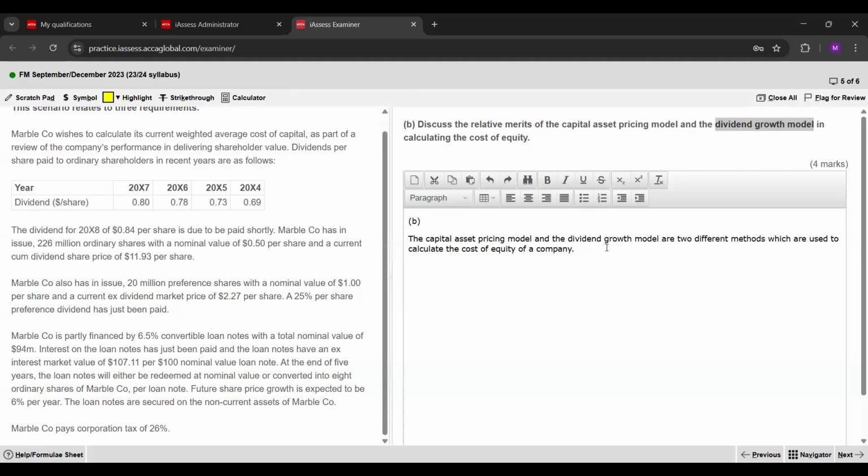Okay, so this is just the opening sentence.